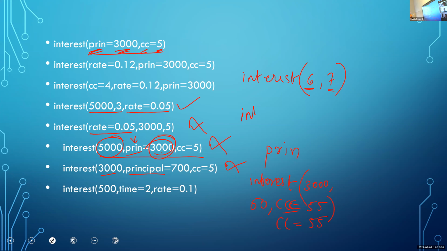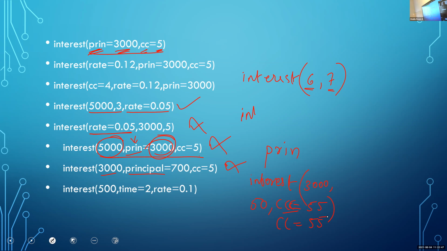So then also it is not valid. Is it clear, multiple values and different names? These are some MCQ-based questions. Okay, Aryan, is it clear?